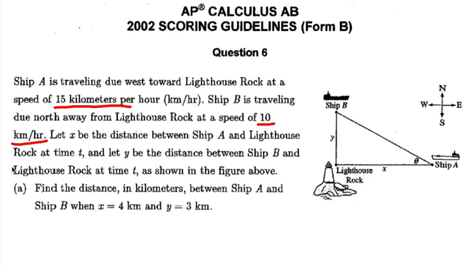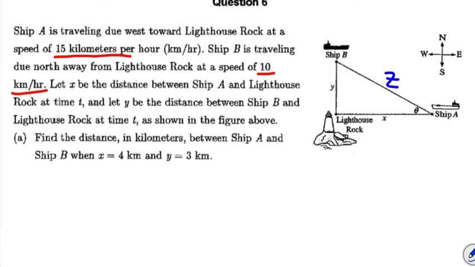So let's just go through. First of all, we want to find the distance in kilometers between ship A and ship B. If we label that side Z, just pick a variable. We know that X is 4 and Y is 3, so it should be pretty obvious that the other side is 5.